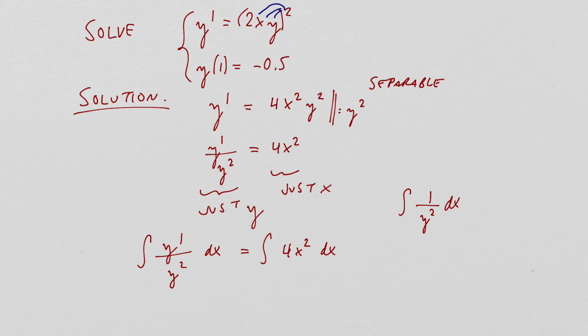Well, let's think in an easier way. What if we had to integrate 1 over x squared? This is the same as the integral of x to the power minus 2. If we integrate, the power of x will increase by 1, so minus 2 plus 1 is minus 1.